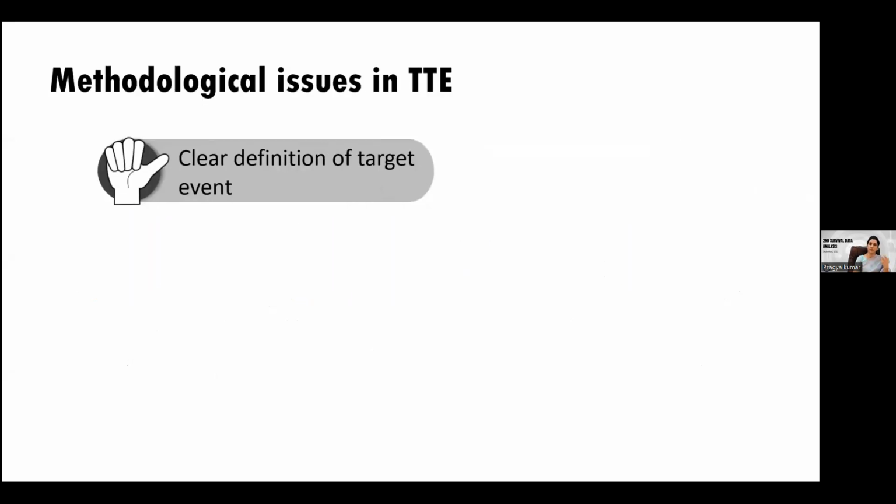So now there are some methodological issues in these time to event data. First and very important thing is that there should be a clear-cut definition of the target event. So on day one also we were discussing left censoring. When you don't have a clear-cut definition of the target event, there may be left censoring.